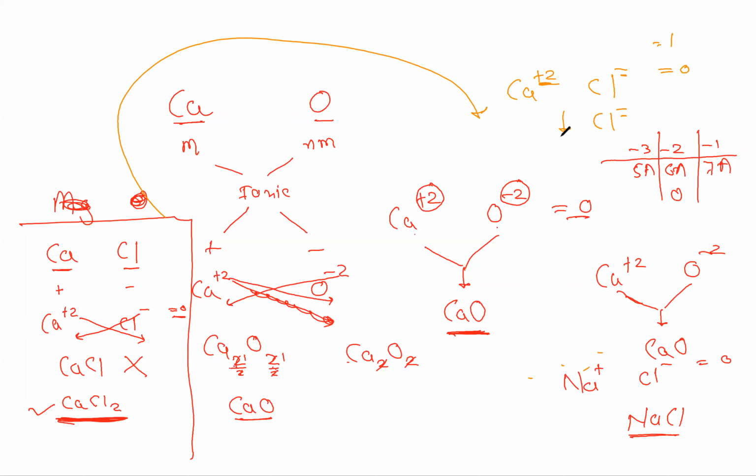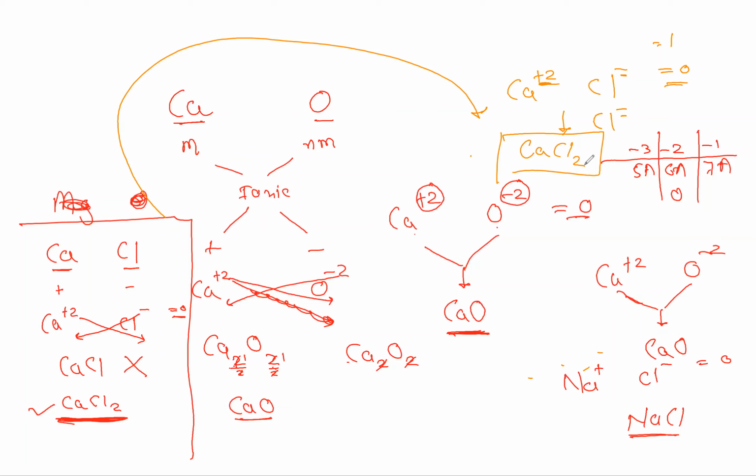Do you guys understand this? Yes. In order to make the total charge 0, we need one more Cl minus. Simple, right? Because we need one more Cl minus to make the total charge 0, the correct chemical formula is going to look like Ca, we just need one of it, and Cl, we need 2 of this, to make the total 0.